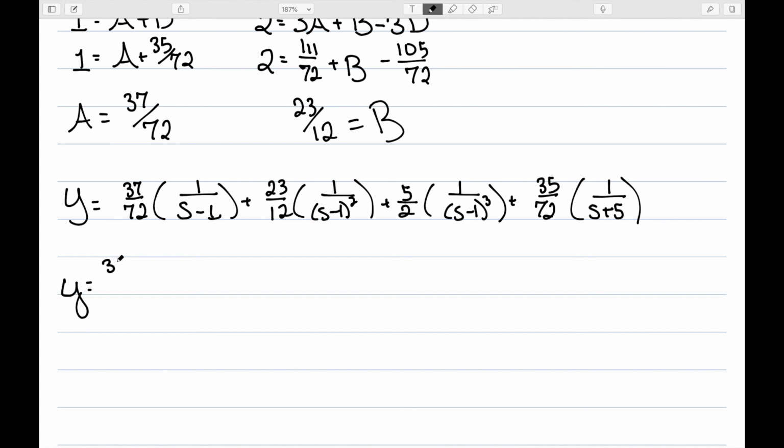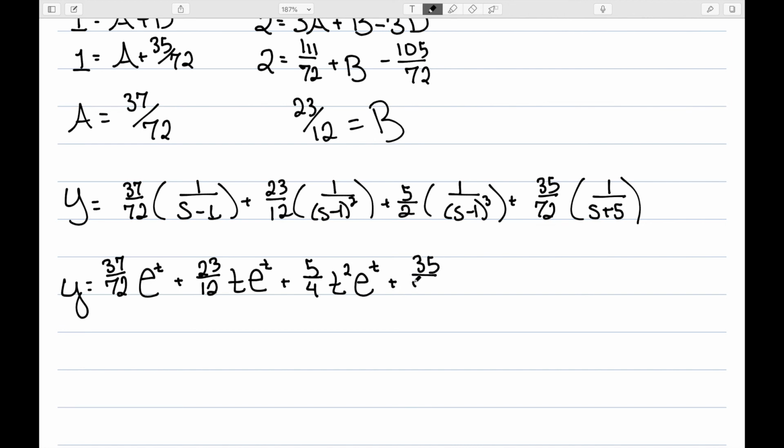This would be 37 over 72 times e to the t. The next one, 23 over 12 times t e to the t. This next one would be 5 over 4 times t squared e to the t, so the 4 balancing out the fact that I do need a 2 here in the numerator. And then finally 35 over 72 times e to the minus 5t. And I have my solution.